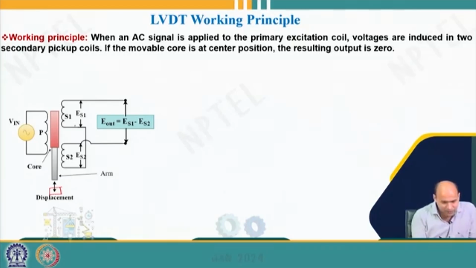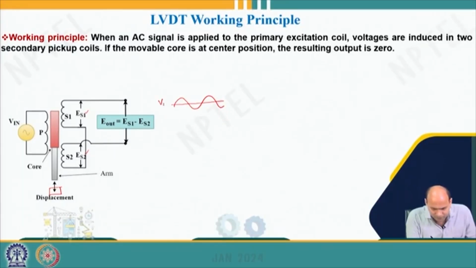Now suppose when this core is, as I said, equispaced with respect to both the secondary coils, then as we said, in that case ES1 and ES2 both will be equal, and if I take the difference ES1 minus ES2, I will simply get 0. So just let us see. Suppose this is my input V in, okay, versus t.